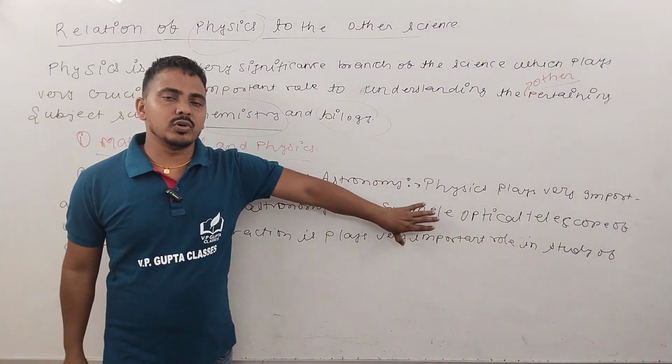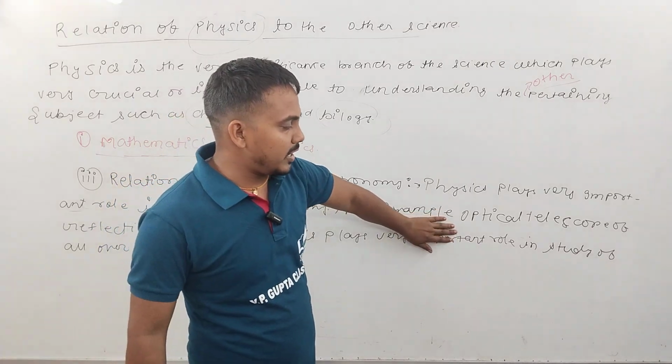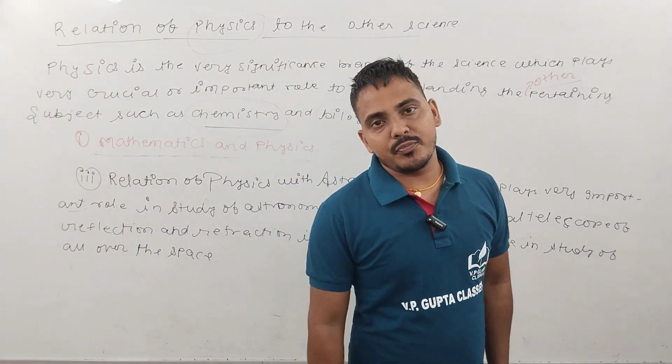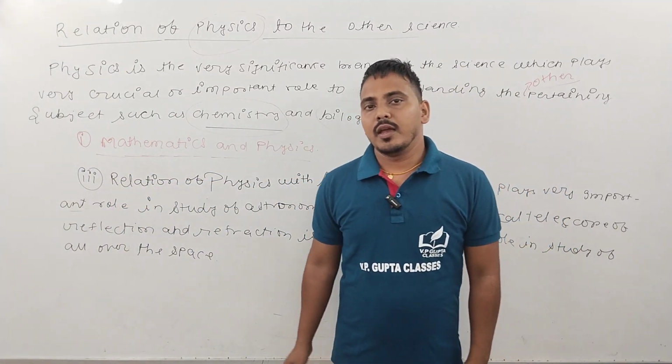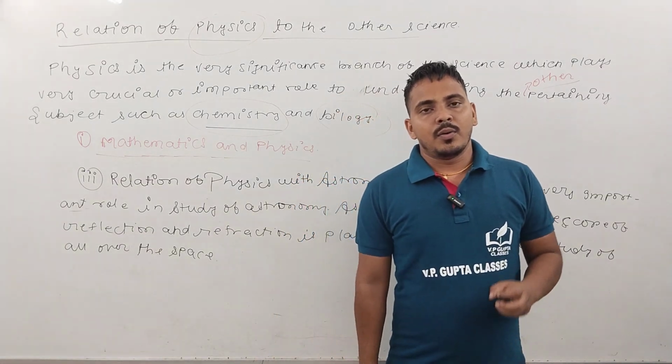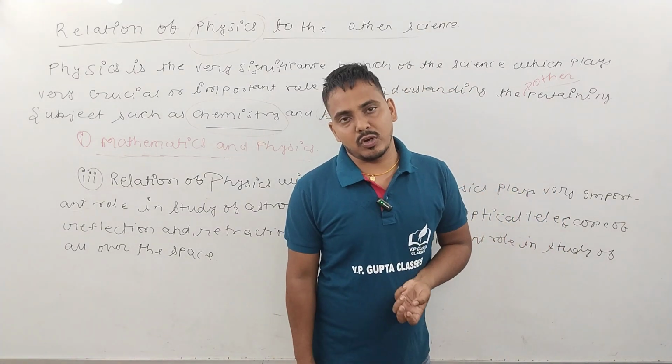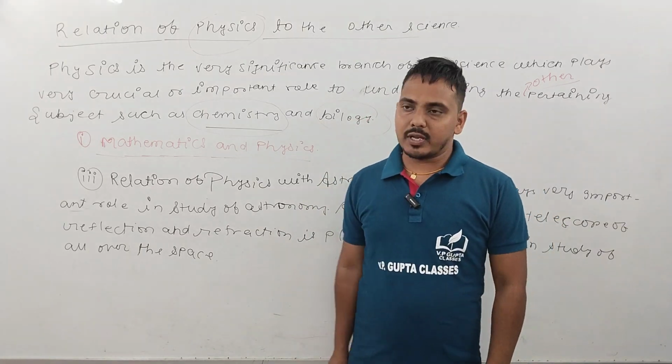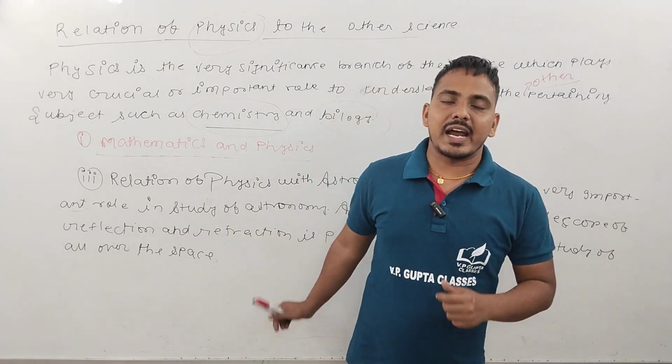You can also, with the help of a telescope or radioscope, observe any planet far from the observer. So we can say these types.